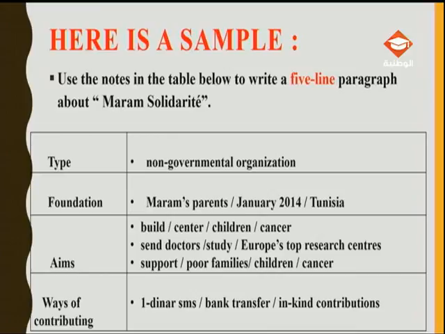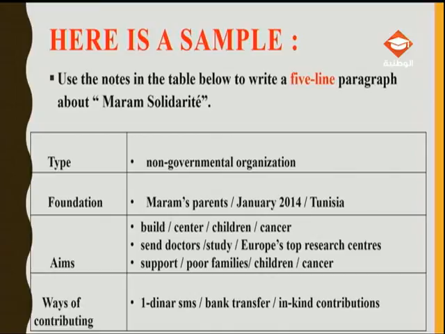The aims now, the goals of this organization, what this organization hopes to achieve. So, it has, as we can see, 3 aims. The first, build center children cancer. Send doctors study Europe's top research centers. And support poor families, children cancer.